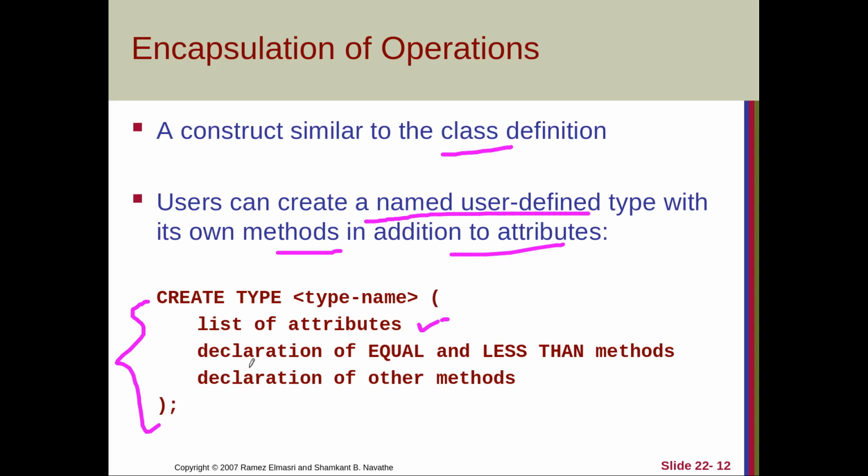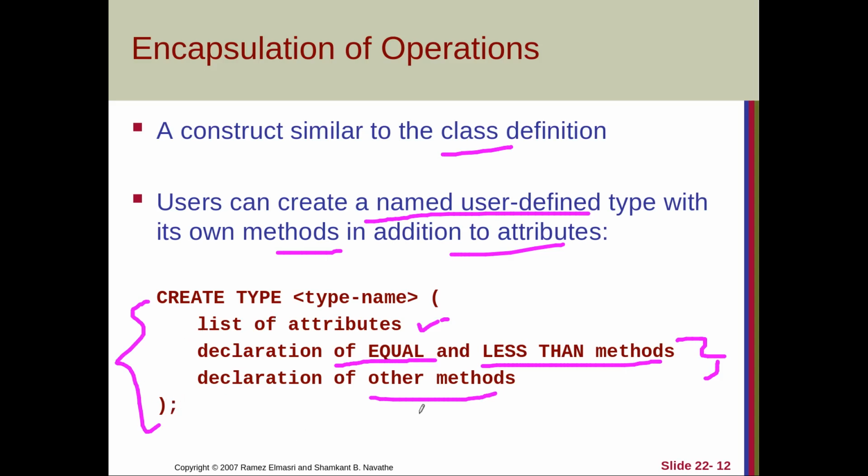Then we can have some default equal and less than methods, which is common. Normally when we use SQL 99, we write some equal and less than methods as common methods. It is not mandatory. If it is there, that can be declared here, and we can declare other methods also. Then put a parenthesis close and a semicolon.